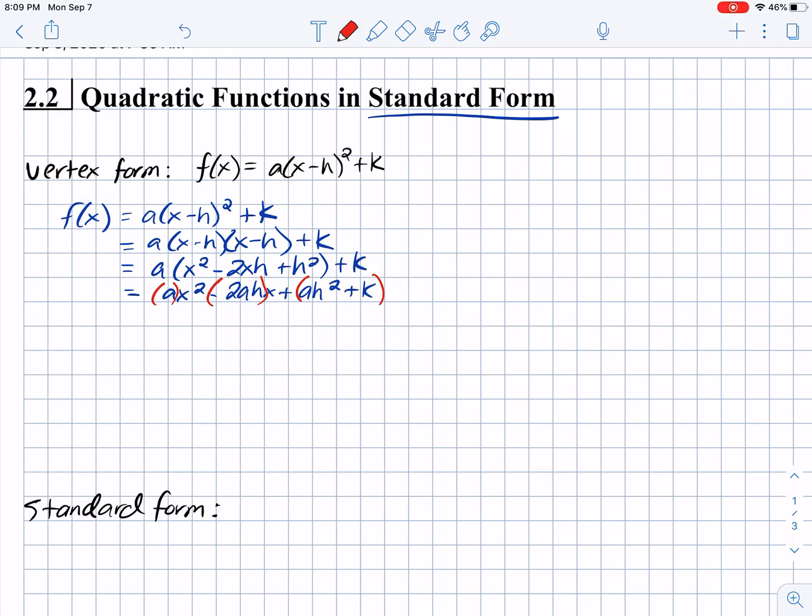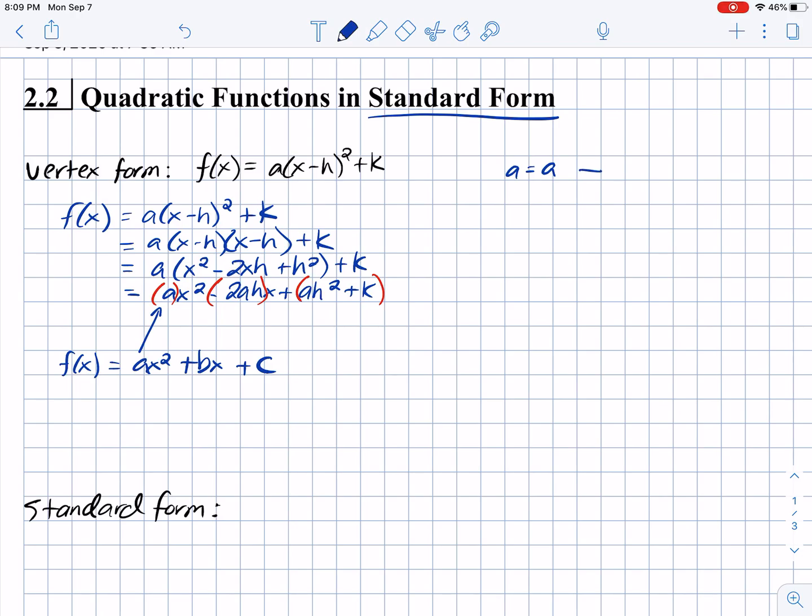Okay, and let's talk about these three values. So standard form looks like this: f of x equals ax squared plus bx plus c. So hopefully you can see here that the a is just the same in both. So a is the exact same in each.